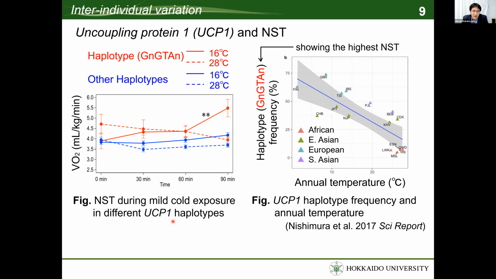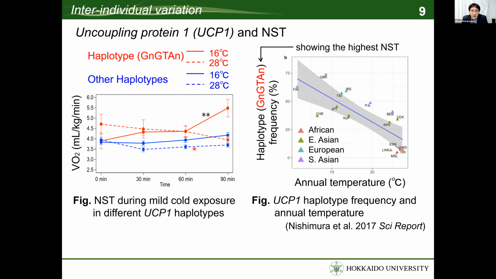And they focused on non-shivering thermogenesis during mild cold exposure in different UCP1 haplotypes, that is, genetic types. And they found that the haplotype GMGTAN showed a greater increase in oxygen consumption during the mild cold exposure compared to the other haplotype groups.